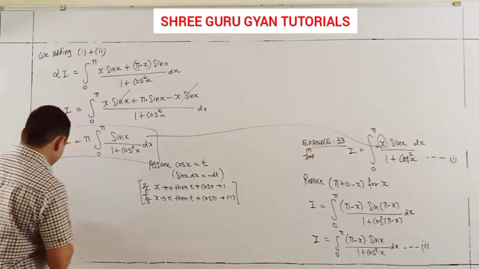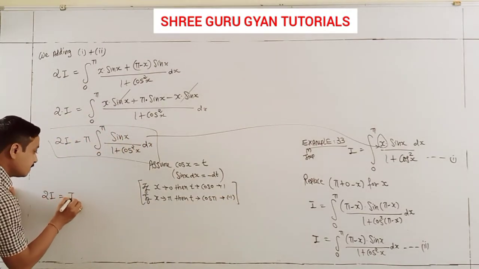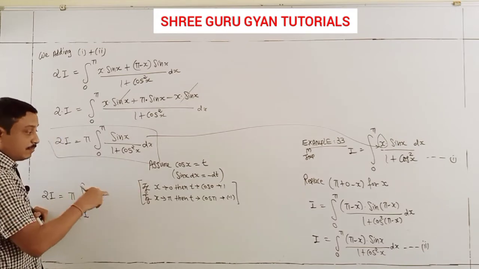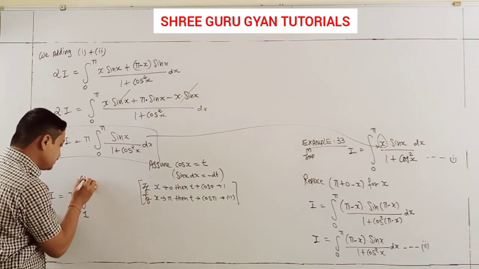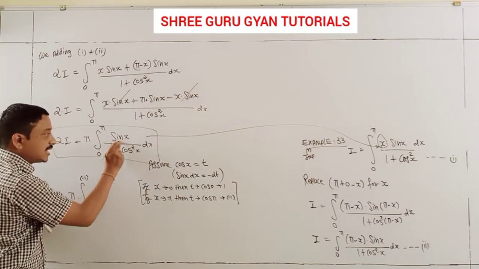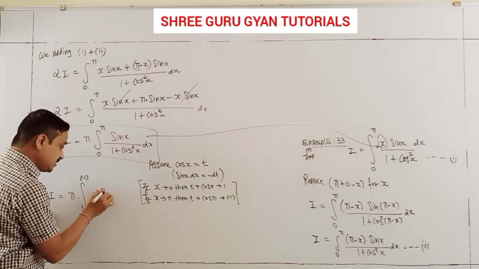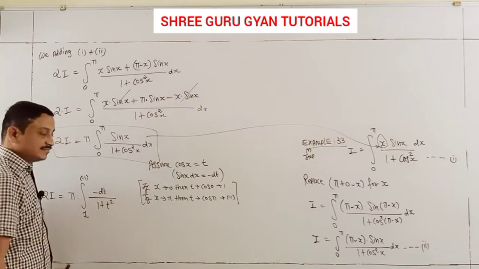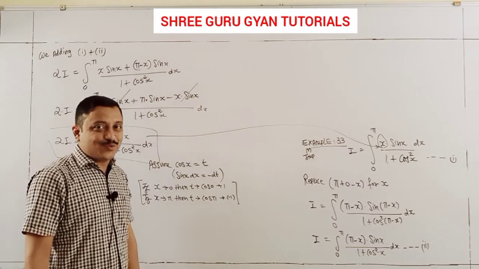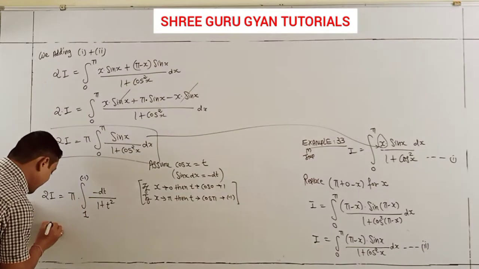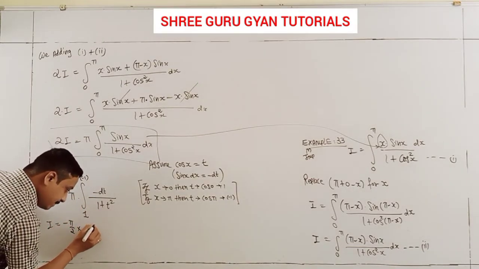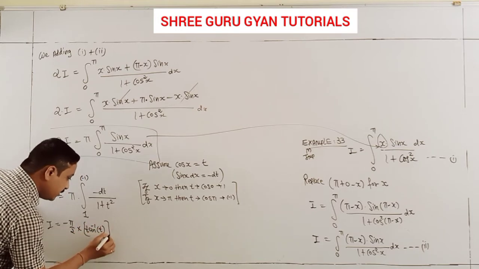So my value is 2I, 0 putting then 1, but pi putting then minus 1. Here sin x dx is minus dt, and 1 plus cos square x is 1 plus t square. Now the numerical is over easily. Students, I is equal to minus pi by 2, and we get tan inverse t, with limit 1 to minus 1.